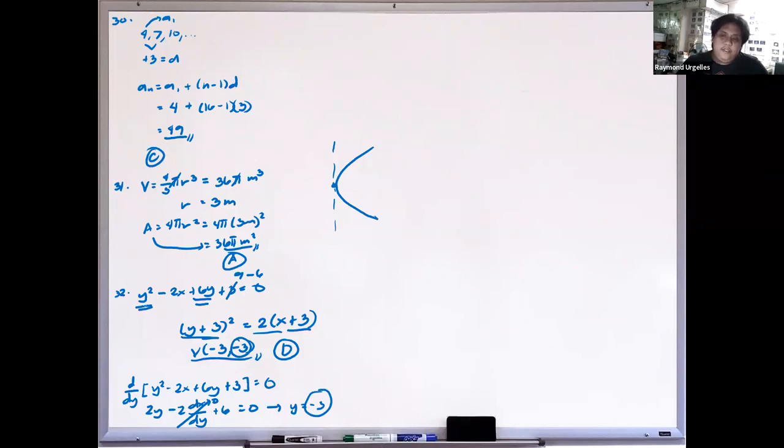So then pasok nyo lang siya doon sa equation, ipapasok nyo lang ito dito sa equation na to, then solve for the value of x. Makukuha nyo dito yung x is equal to negative 3. So pareho lang ilalabas na sagot. Okay, so yun yung pagkuha ng vertex. You can use maximum minima, pwede rin namang completing the square. So next, number 33.